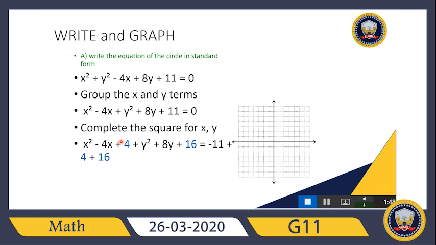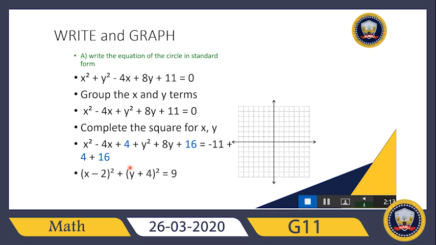And then we add a number. This number is half of this number, divided by 2 and squared. So why is it 4? Because 4 over 2 squared we get 4. And why is it 16? Because 8 divided by 2 is 4 and 4 squared is 16. And then we have this equation.